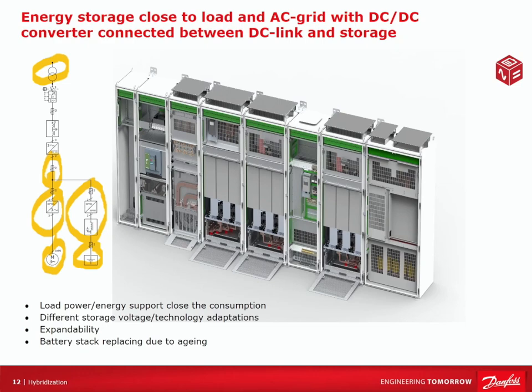If we look at the enclosure itself, and we try to highlight each individual section. So again, I will have some kind of a converter in front. In this case, we're showing an active front end converter. It can be useful even with a genset, for example, for harmonics, power quality reasons.